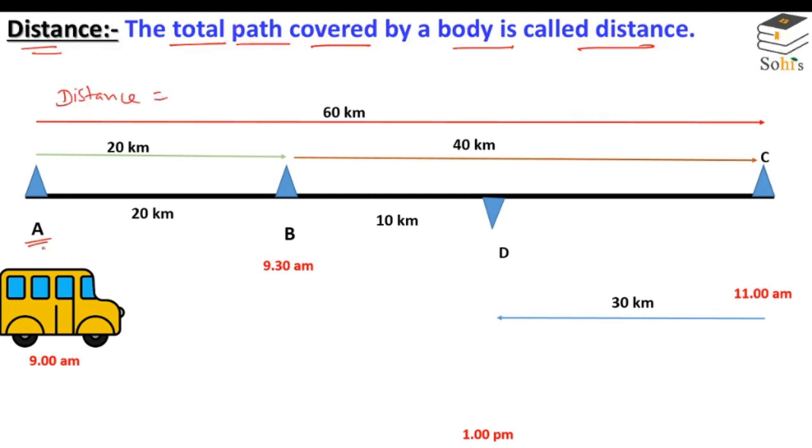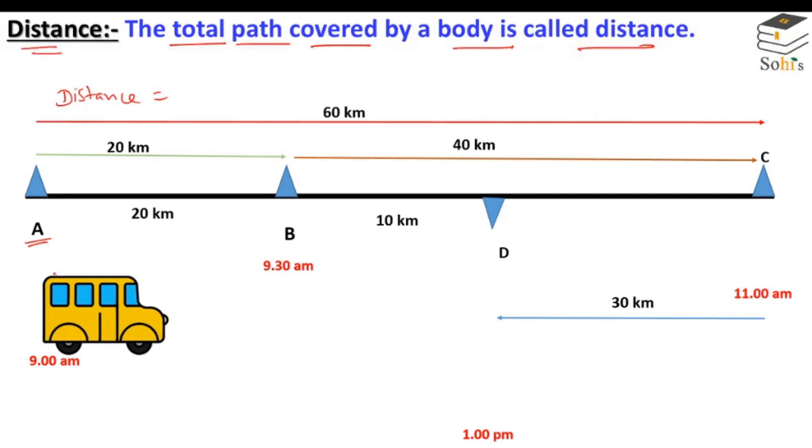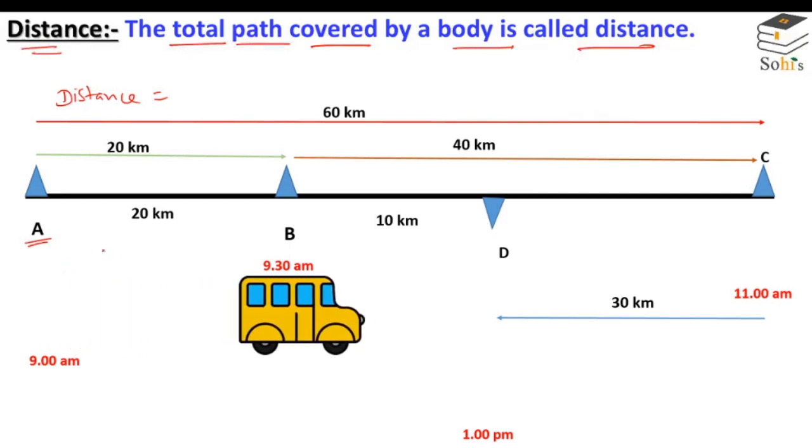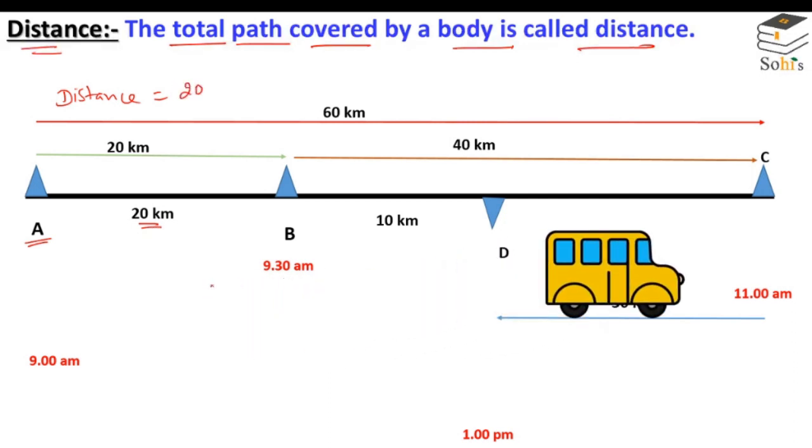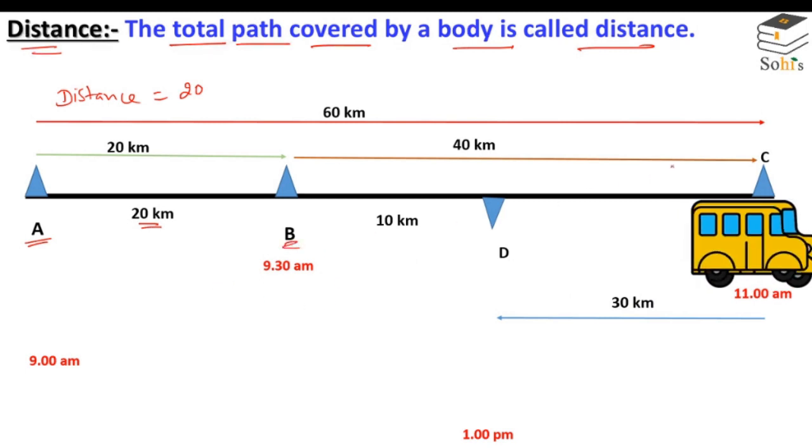First of all, the body is at point A. From A to B, it covers a distance of 20 kilometers. So distance becomes 20. Now the body moves from B to C, 40 kilometers, so the distance becomes 20 plus 40, that is 60 kilometers. You can see from here also, 60 kilometers distance.